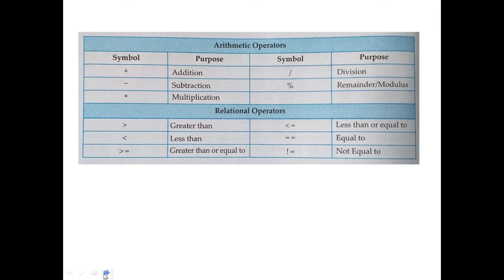See children, arithmetic and relational operators. Arithmetic means addition, subtraction, multiplication, division, and division has one more part, that is the remainder or modulus operator. Relational: greater than, less than, greater than or equal to, less than or equal to, not equal to. This is to create a relation between two operands, so we use relational operators.